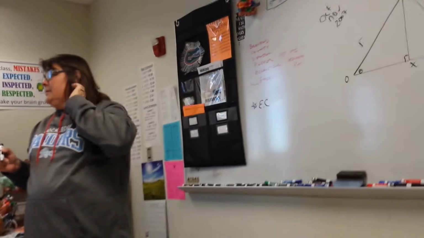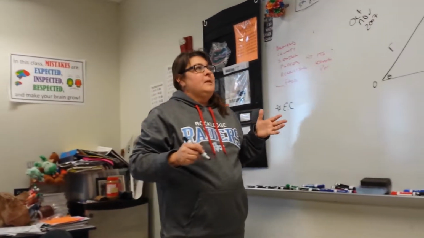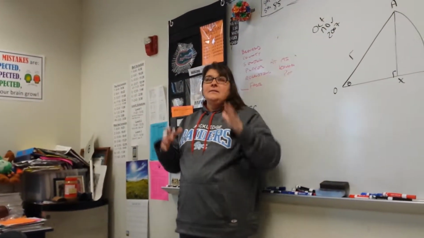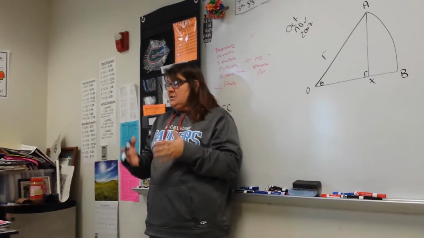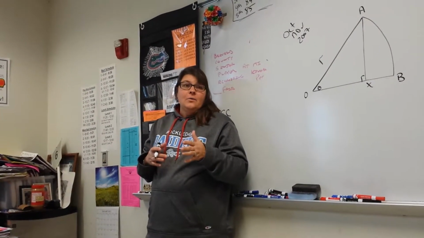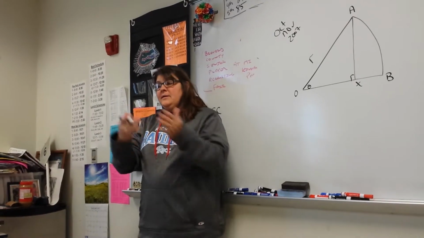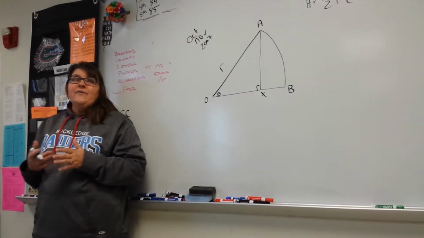Okay, so let's think out loud for a minute. When I see sines and cosines in my answers, or tangents even, I know previous to getting that answer, what would I have been working with?